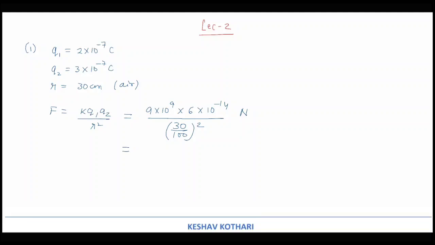So we obtain a value equal to 6 into 10 to the power minus 3 Newton. And since the charges are of the same nature, the force will be repulsive for both the charges.